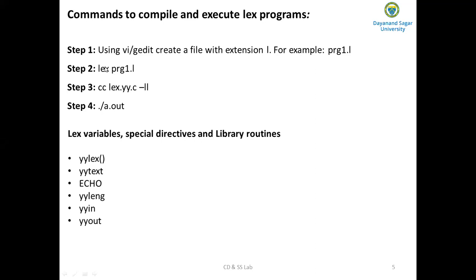Then in the second step, once we create the LEX specification file or LEX program, okay, we will use the LEX utility or LEX tool to compile the LEX file. So what is the name of the LEX tool or the LEX compiler? The name is LEX only. LEX followed by program1.l. Specify your LEX program file name. Okay. So when you compile this program now, if there are no errors, what is the output file that is generated by this step?